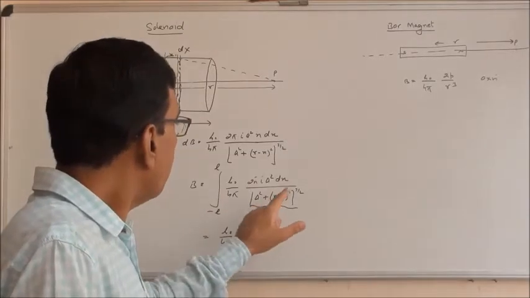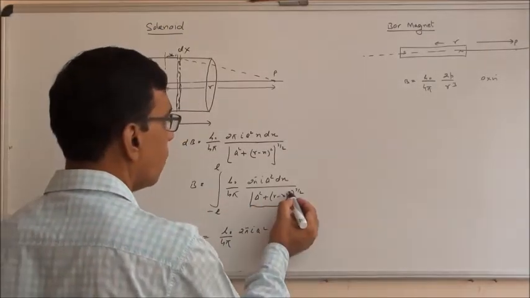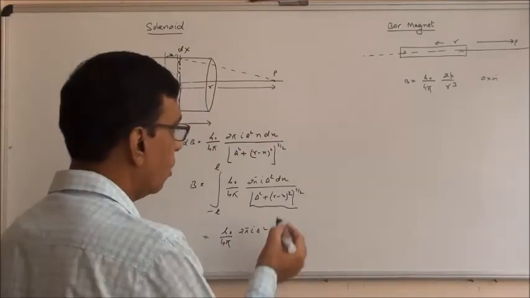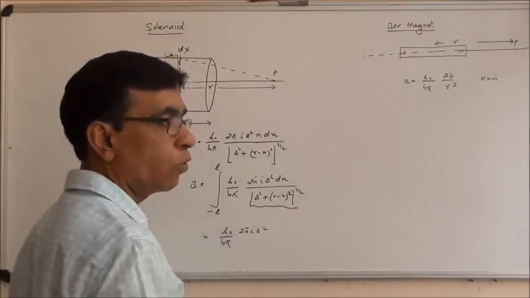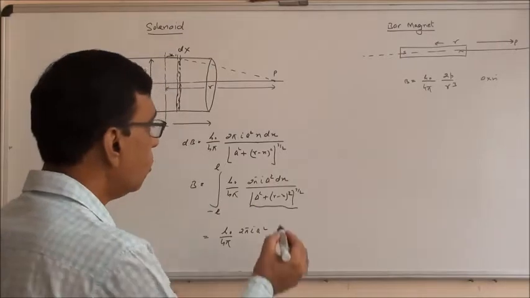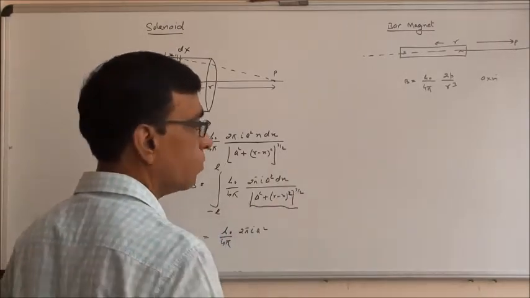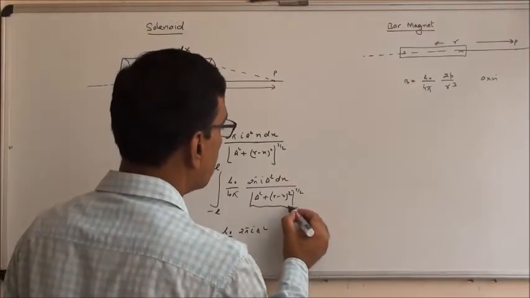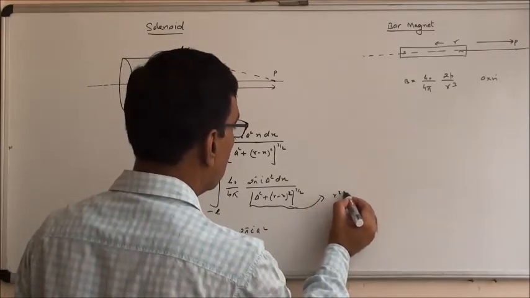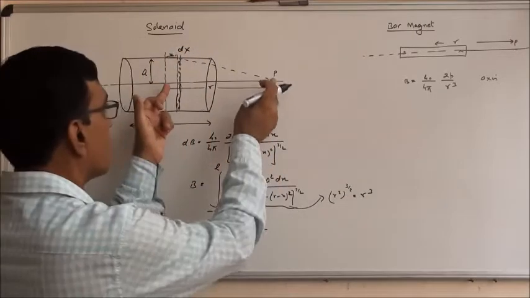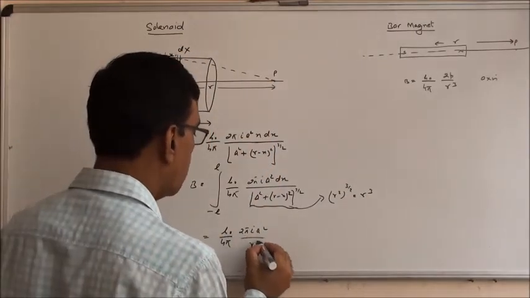So here I can drop x. Once I have a square plus r square, then I can drop a also. So it will become only r square raised to the power 3 by 2, which will be r cube, and r is fixed. So even r cube is here.